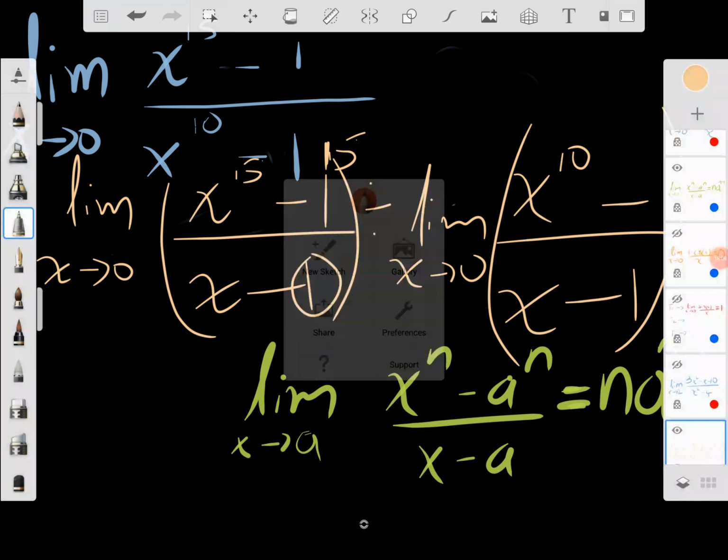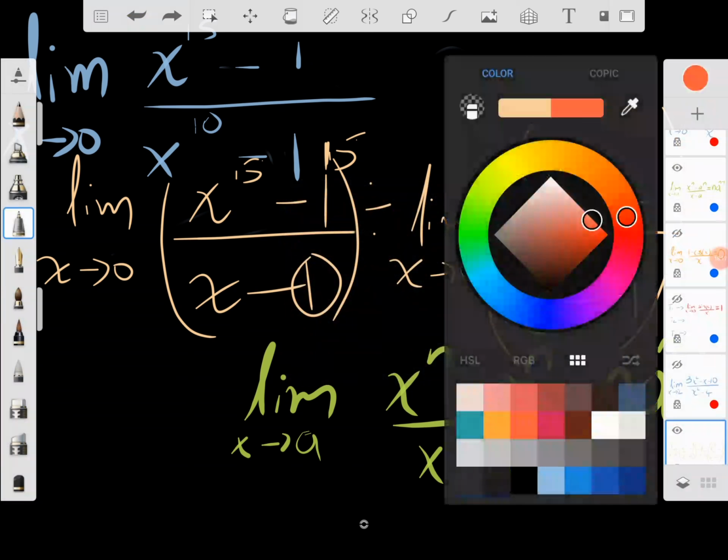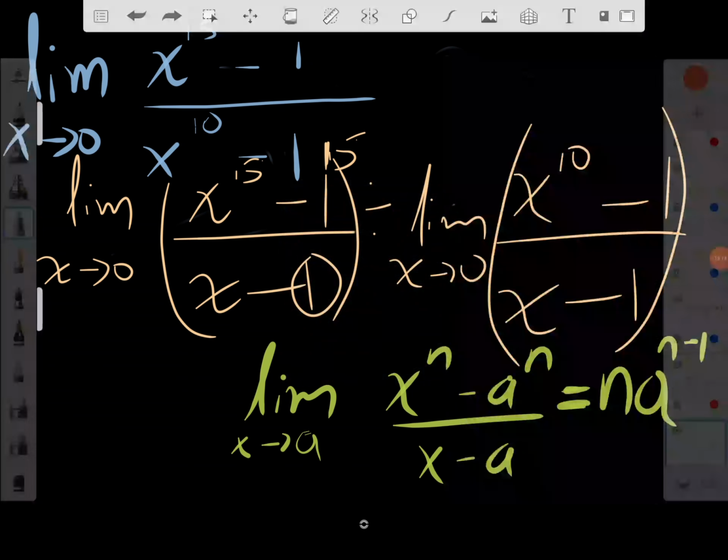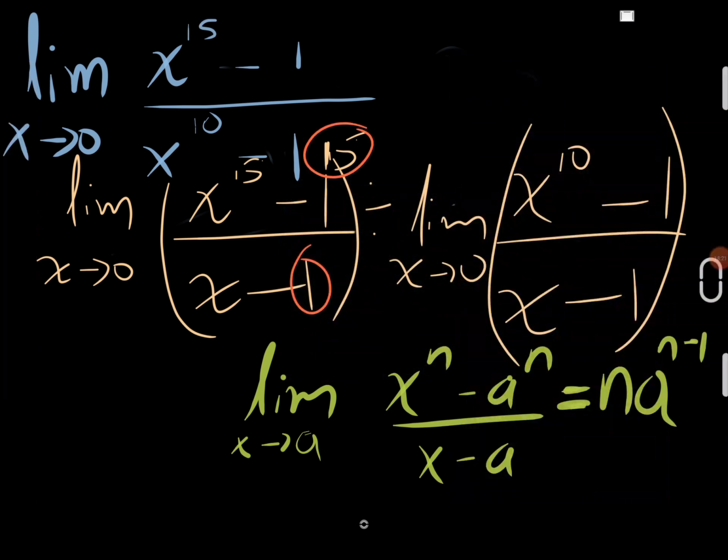So let me use a different color so that you won't get confused. Okay, so a is 1 and n is 15. So you see x to the power n minus a to the power n whole divided by x minus a.